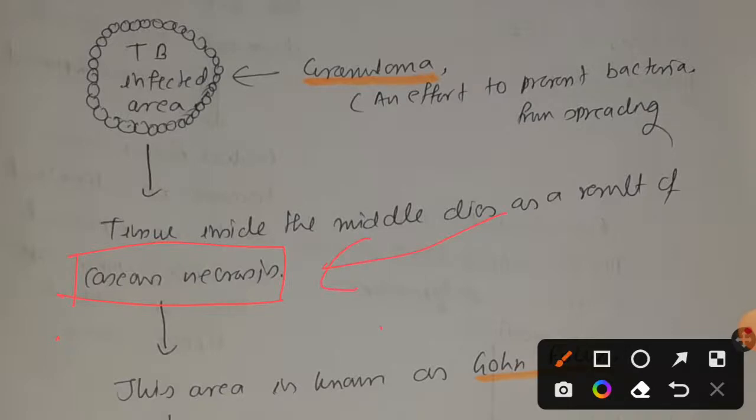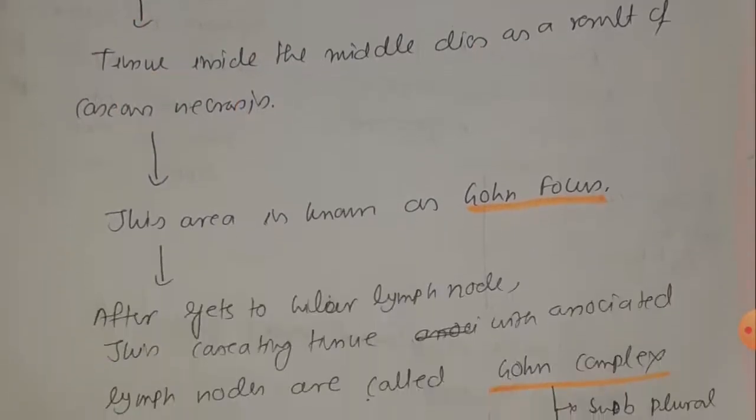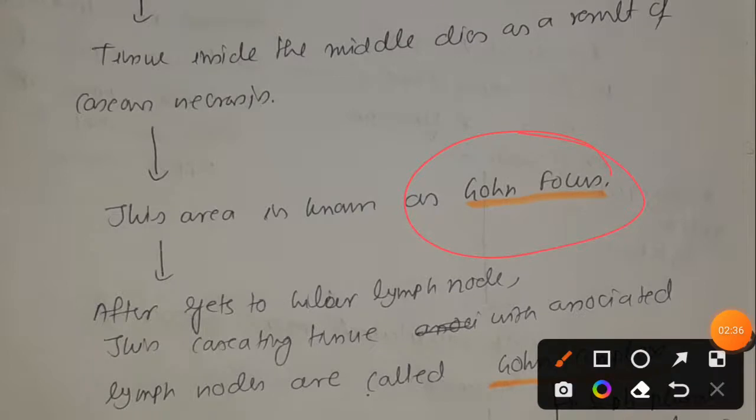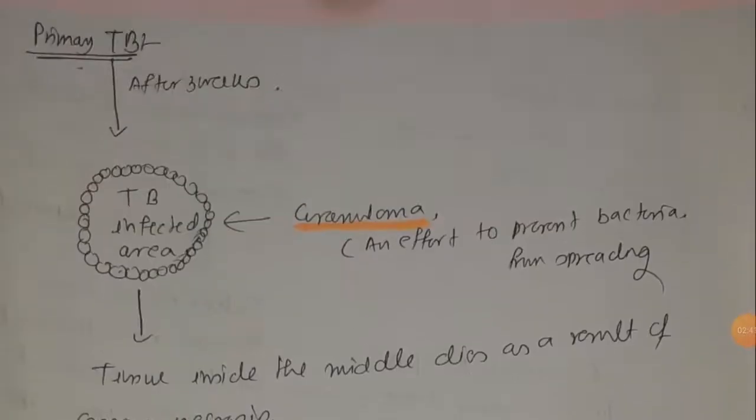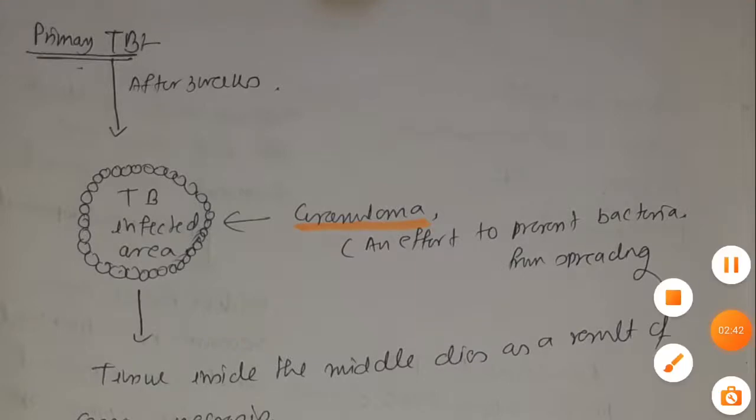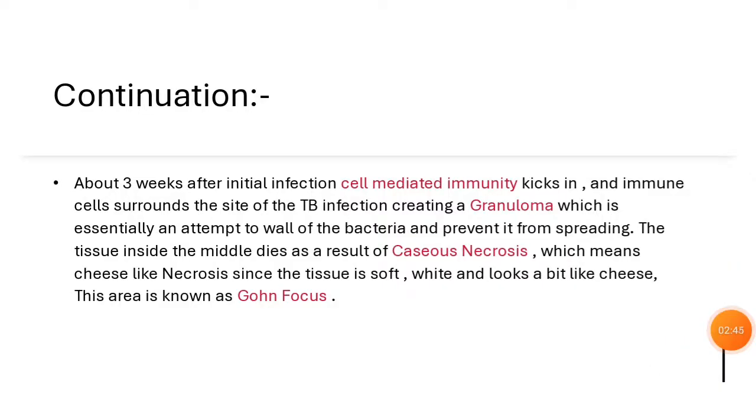So via this caseous necrosis the tissue inside the middle dies. Now this area is known as the Ghon focus. The definition of Ghon focus is very important for Mycobacterium tuberculosis. You can expect a short question on Ghon focus.